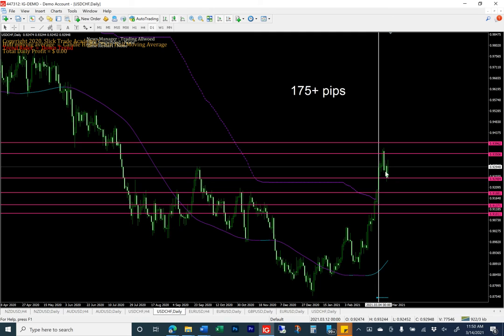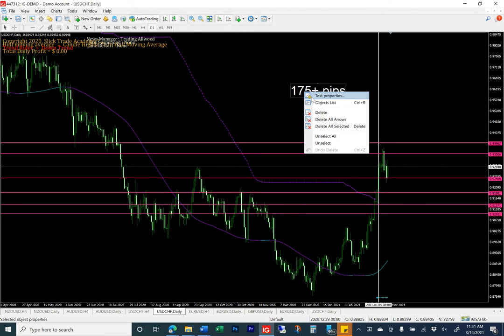We've come down to a correction. I would think that price would continue up from here, or at least go into a consolidation period. If you enter this, oh wow, I guess it did. It moved 25 pips in your favor, so I'll put that on there.